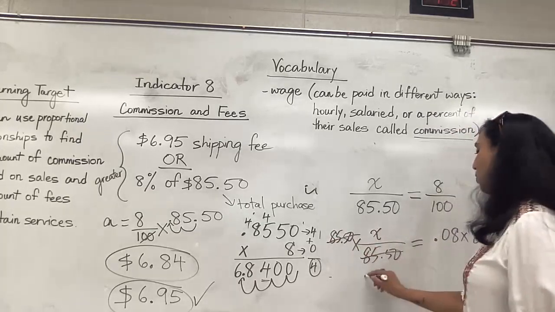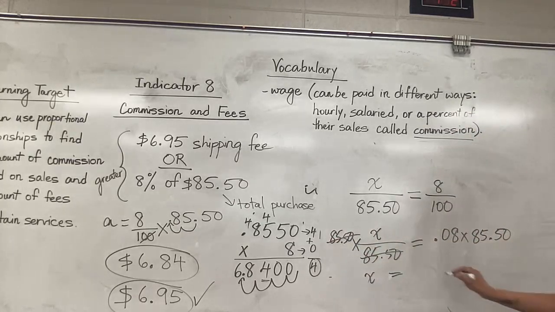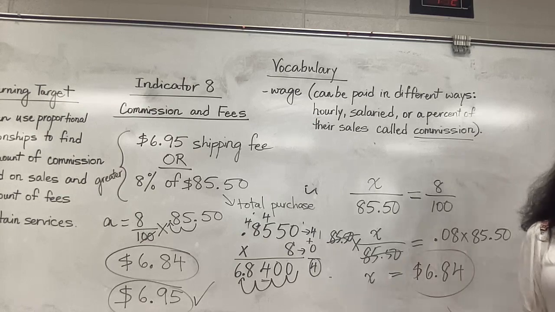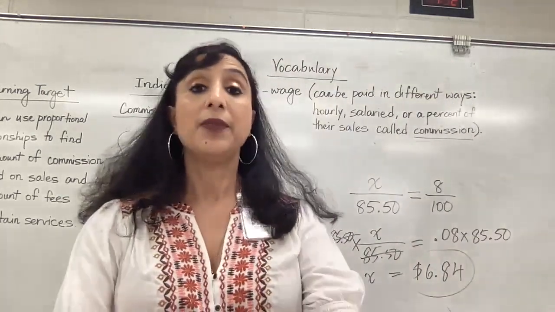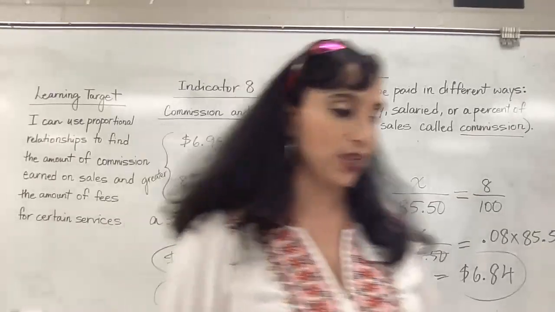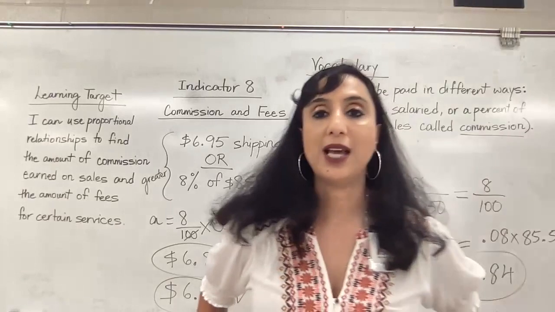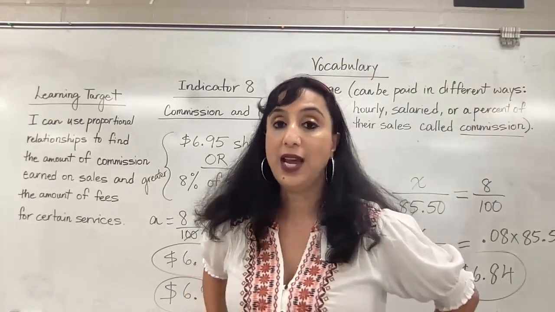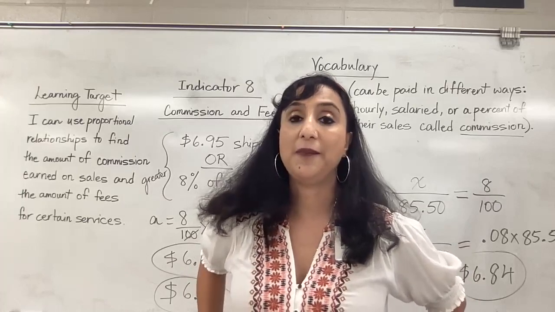This gives me 1, and x is equal to, when I multiply this, $6.84. So this is another method. And then, of course, the second part of the problem has to be answered, where it's asking which is going to be used: the higher value, which was $6.95.